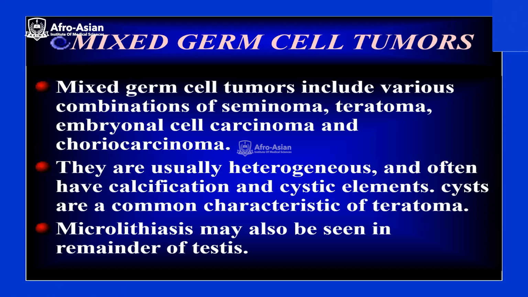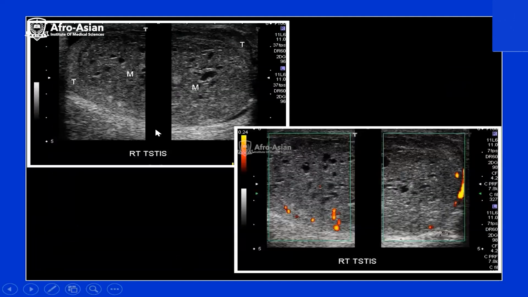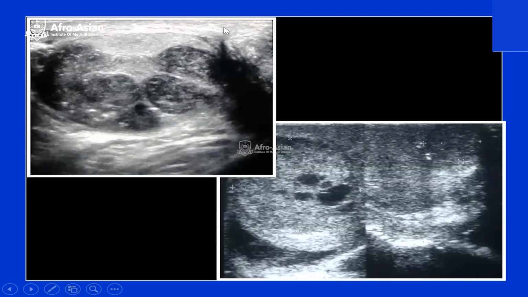Microlithiasis may also be seen in the remainder of the testicle. There is a mass, a germ cell tumor. Here again, you can see the whole of this is mass, with multiple sonographic presentations having nodular appearance.